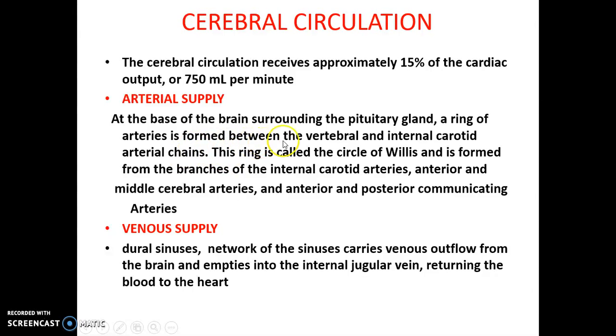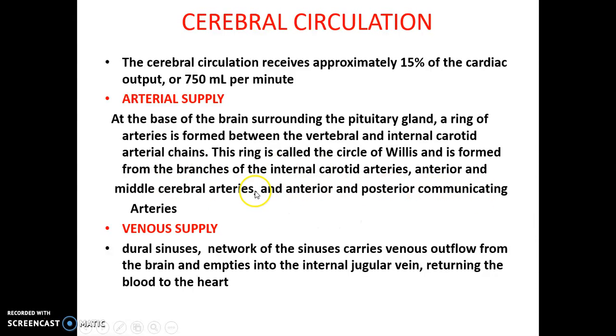This ring is called the circle of Willis. It includes the internal carotid arteries, anterior and middle cerebral arteries, and anterior and posterior communicating arteries.